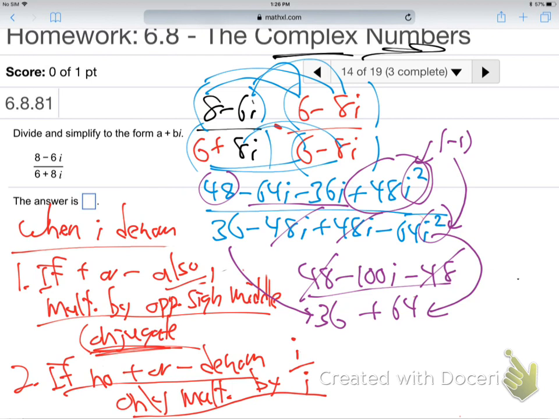Am I going too quick? So we get minus 100i over 100. The hundreds drop out, minus i. The answer is minus i. Quite a simplification. That all broke down to just be, that means all this big thing is the same as minus i.